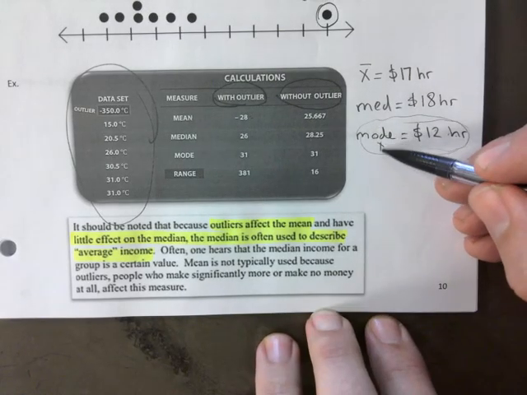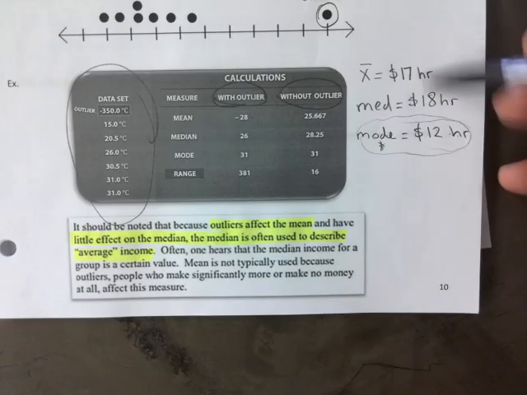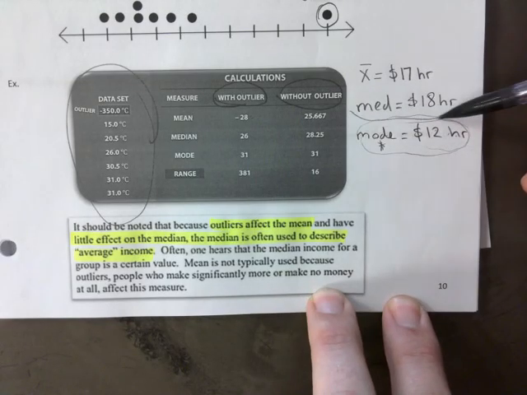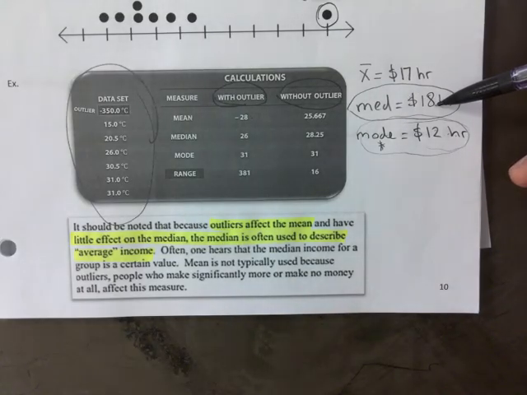I think that's the best way to show the middle here. If you're the employer, the boss, which one do you think you would use? You would say, nope, look at this, our median is 18, which means half of you make less and half of you make more. That's kind of like the middle. We'll take that one, right?